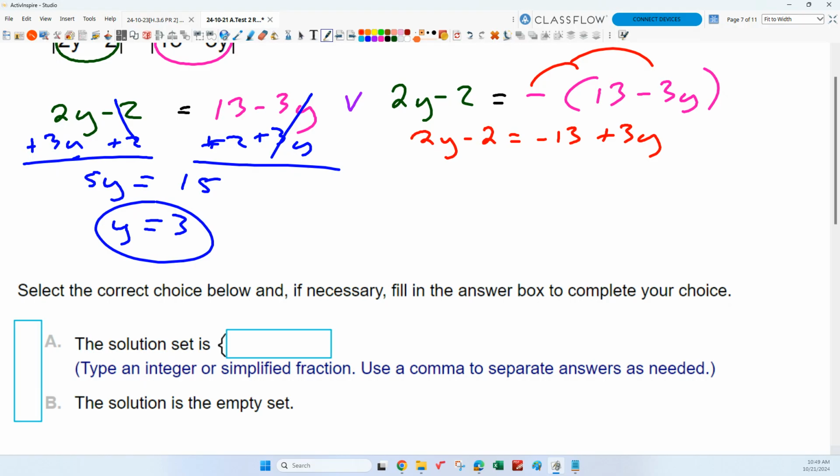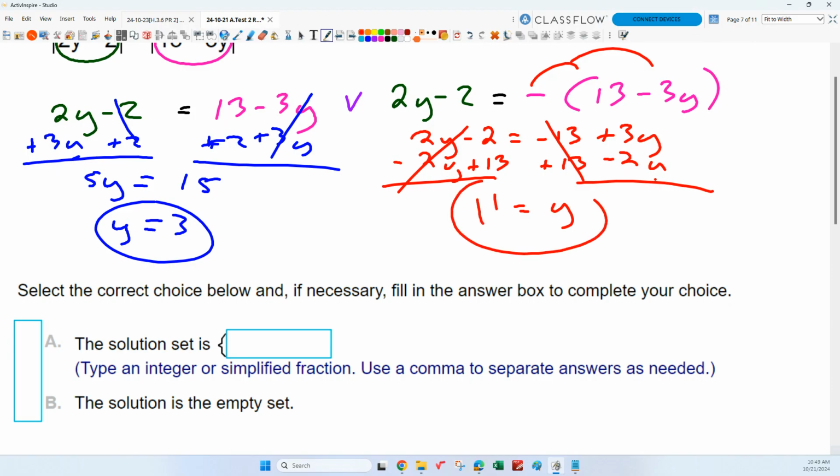Okay, so we'll subtract 2y from both sides to cancel the variables on the left. If the variables are going right, the numbers are going left. So we'll add 13 to both sides. 3y minus 2y is y. Negative 2 plus 13 is what? Positive 11. So there we go.